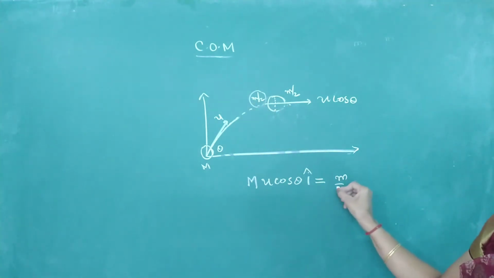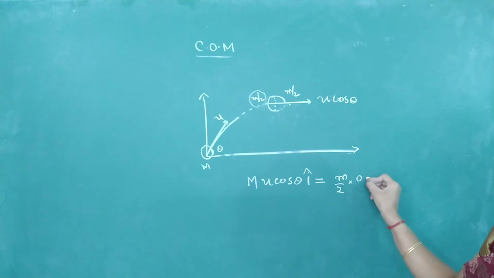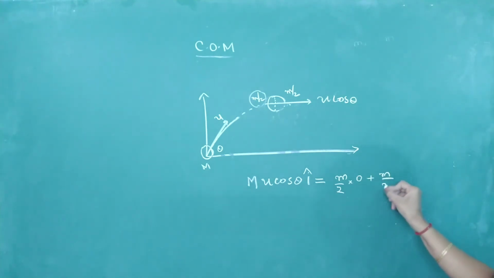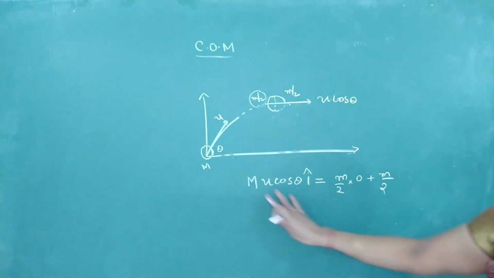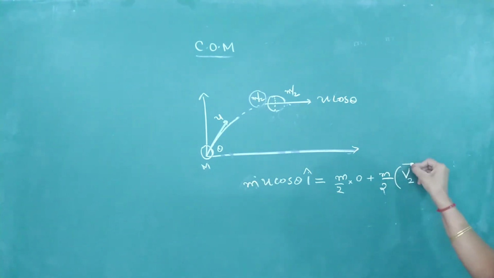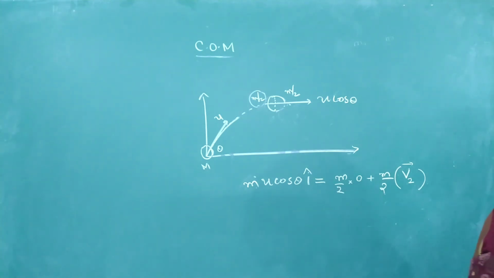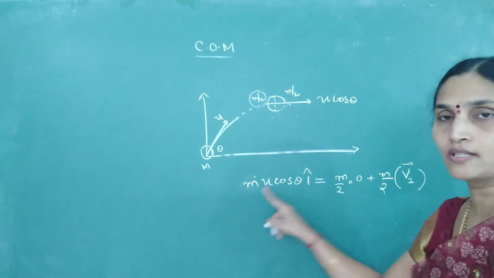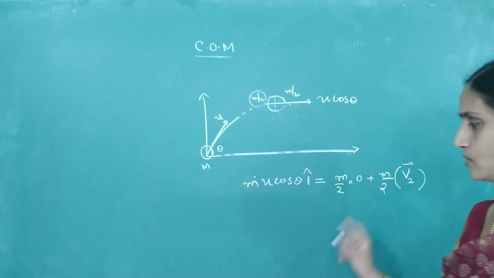One of them is at rest, 0. The other particle has mass M by 2 and velocity v2, which we don't know. So equate both: total momentum before explosion should equal total momentum after explosion.